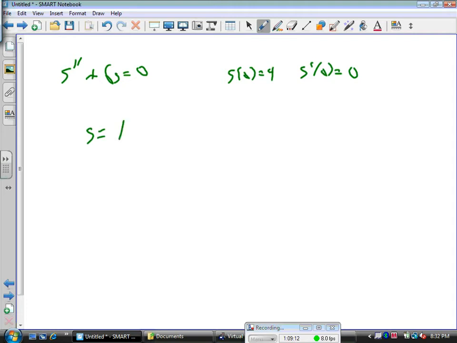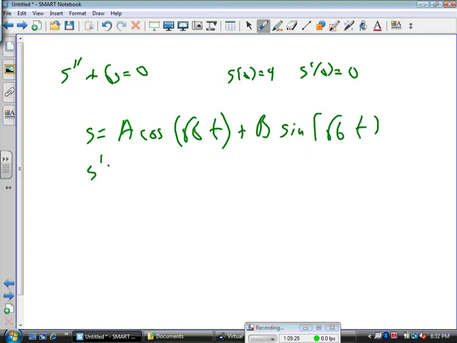All right, so you get S equals A cosine rad 6 times T, be careful the T is not in the rad, plus B sine omega, which is rad 6T. And then S prime would be what?